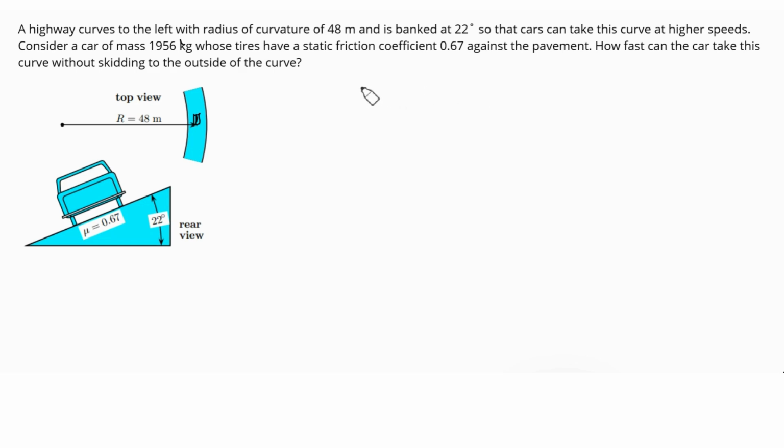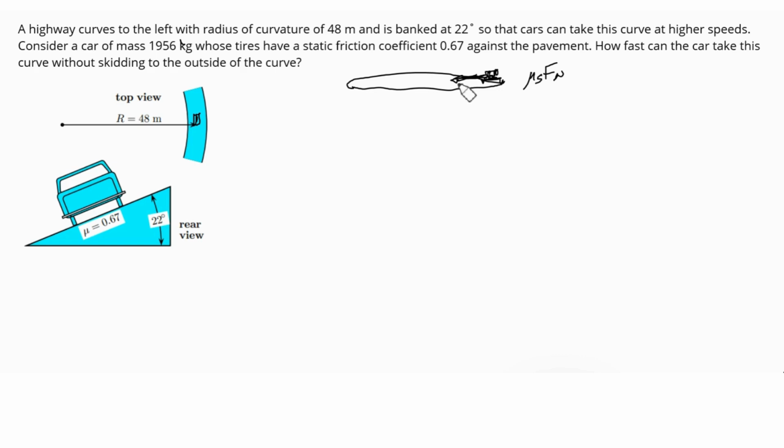Generally, when we have a flat road, and if I had a car over here, the force of friction supplies the centripetal force to keep this thing going in a circle. Well, the force of friction has a limit, which is basically mu s times Fn.